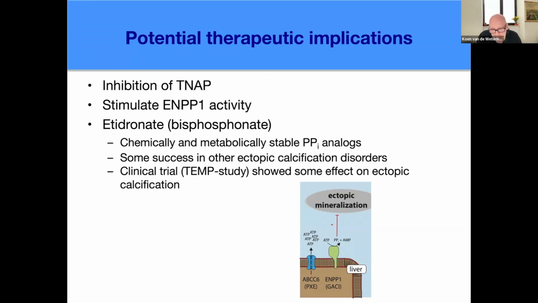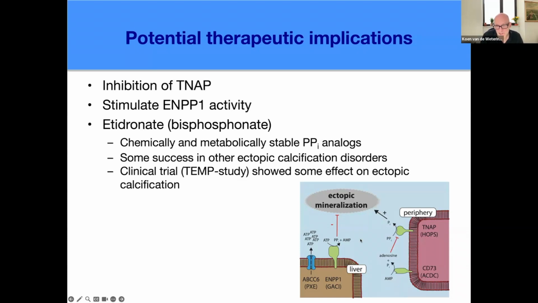And my initial schematic overview, how ABCC6 regulates extracellular levels of pyrophosphate, is a little bit oversimplified because there are other proteins that also contribute to the regulation of pyrophosphate in the blood. And one very important protein in this respect is tissue non-specific alkaline phosphatase.